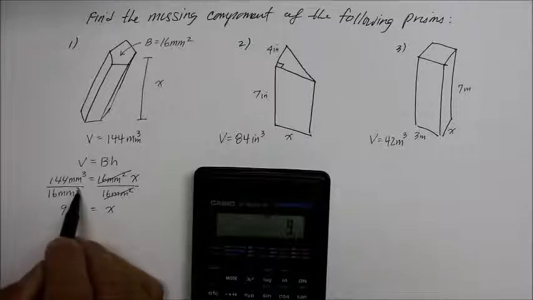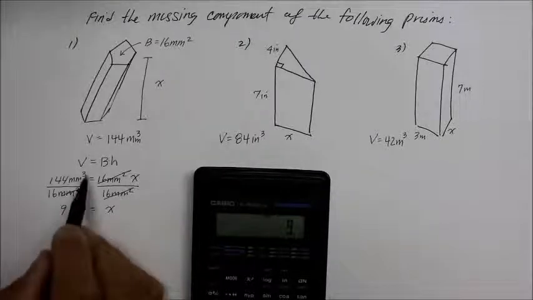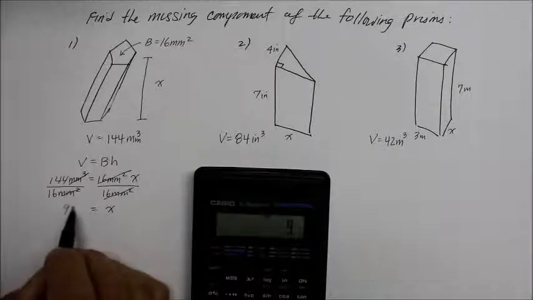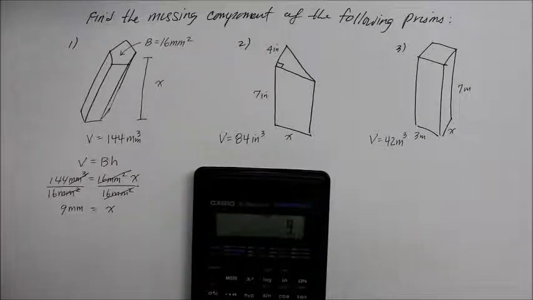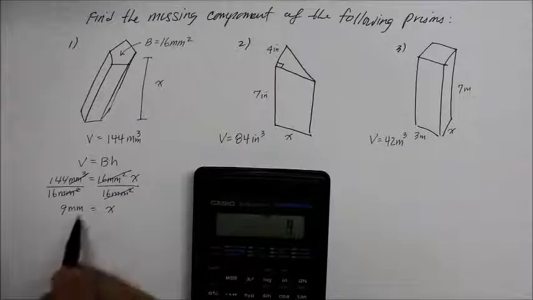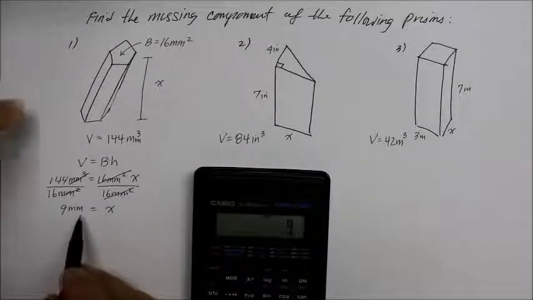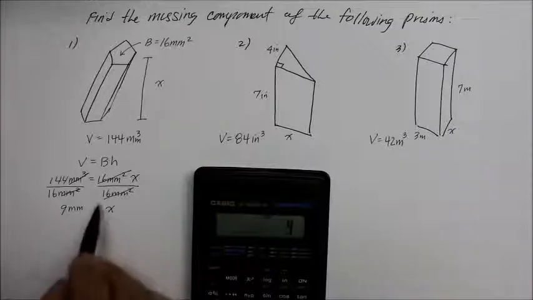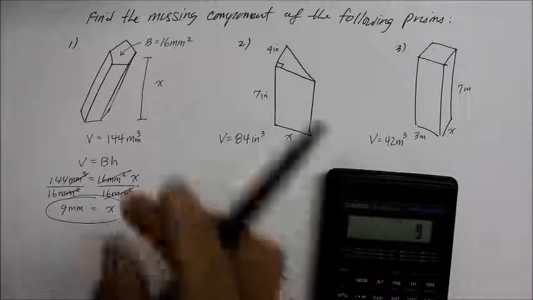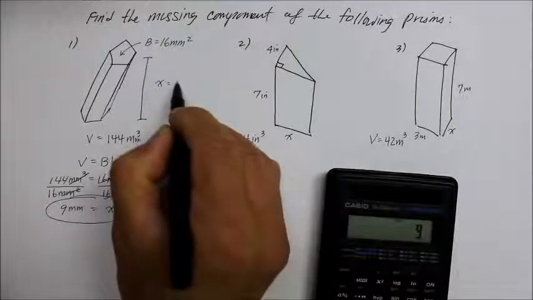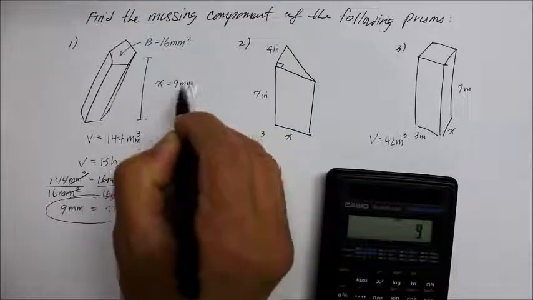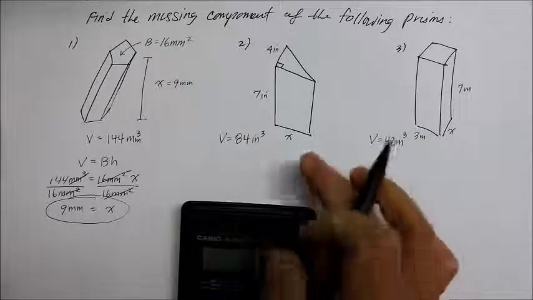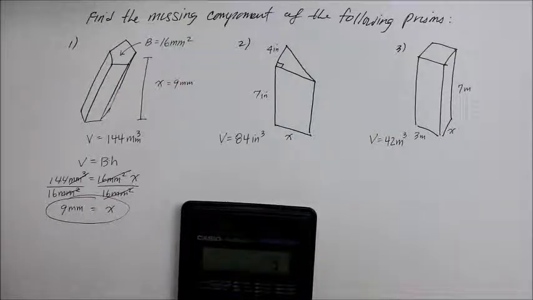So 2 of those millimeters simplify 2 of the 3 upstairs, leaving you with just 1 of the millimeter units. So what is that height? It is going to be 9 millimeters. The height is in fact 9 millimeters tall. Now why don't you try numbers 2 and 3 on your own.